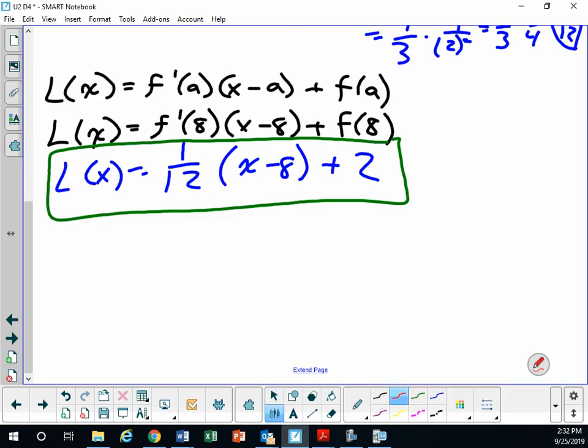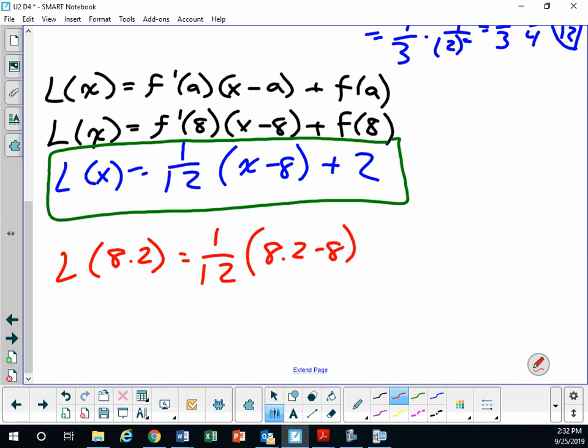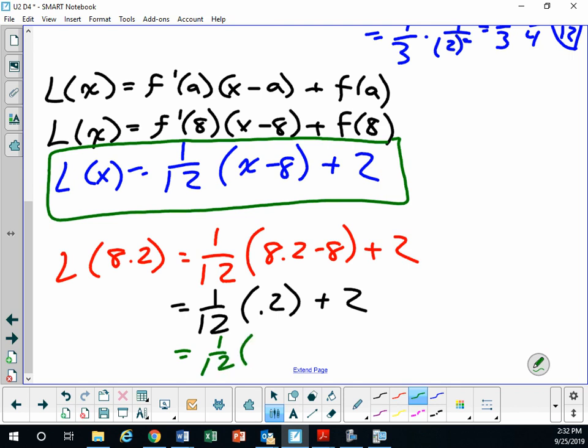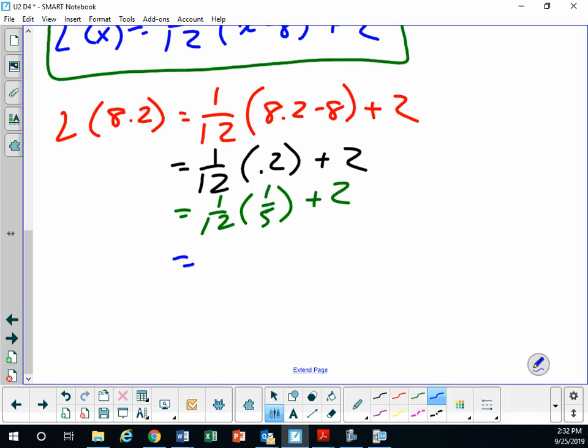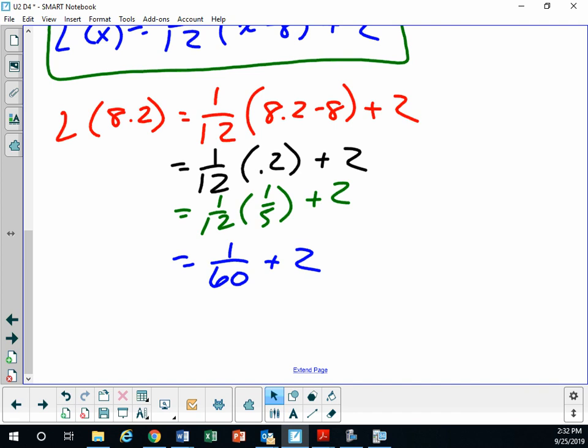Now I'm going to use it. L of 8.2 is 1/12 times 8.2 minus 8 plus 2. 1/12 times 0.2 plus 2. 1/12 times 0.2 is 2/10, which is 1/5, plus 2. 1 over 60 plus 2 makes this 121 over 60.